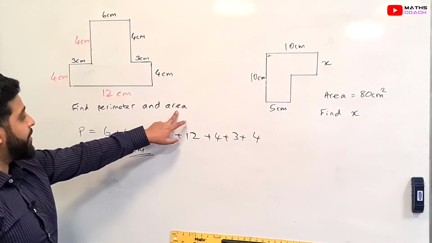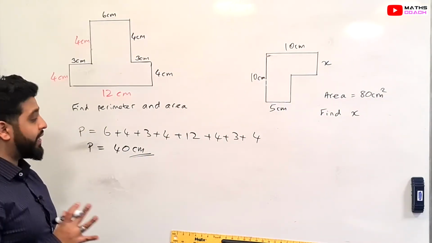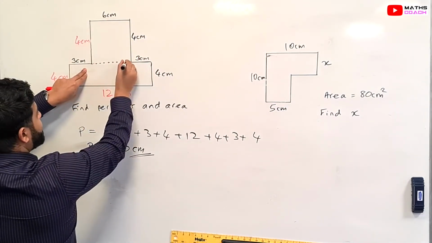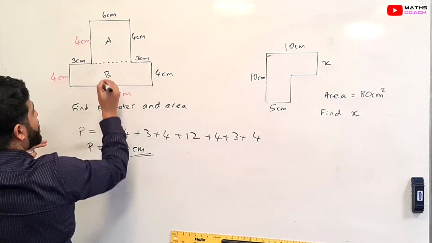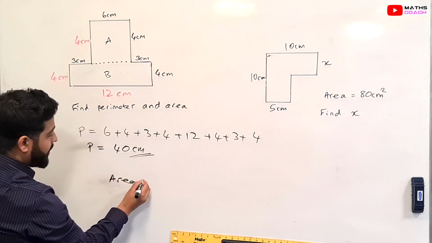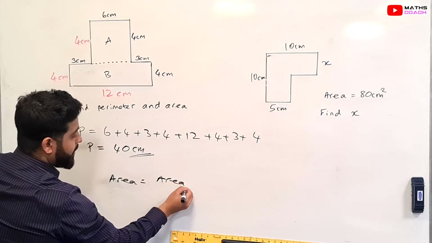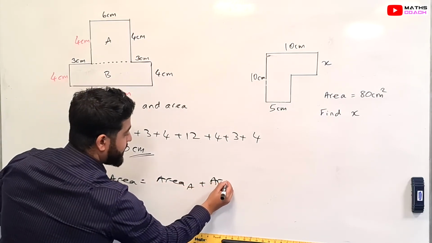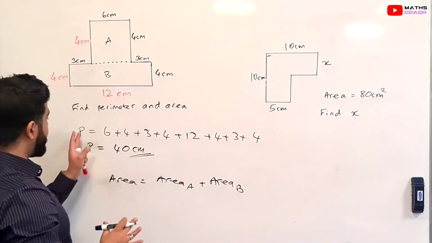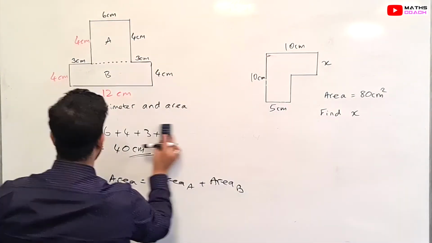Now, the area. Once again, when it comes to finding the area, the easiest way is to have 2 shapes. So you can make a split right there. We can call this A and we can call this B. And when we calculate the area, we are going to do the area of A plus the area of B. So, like before, let's rub this off because we won't need this anymore.